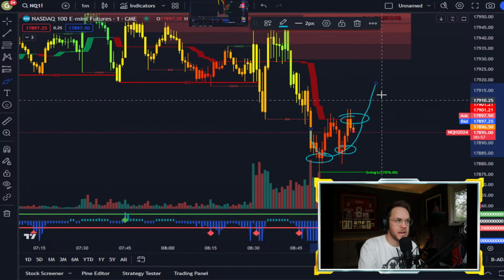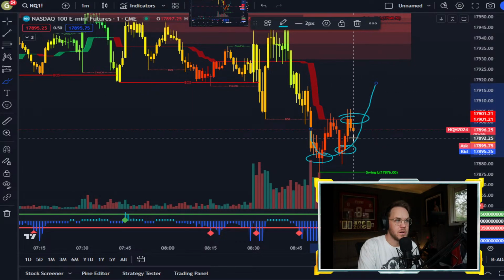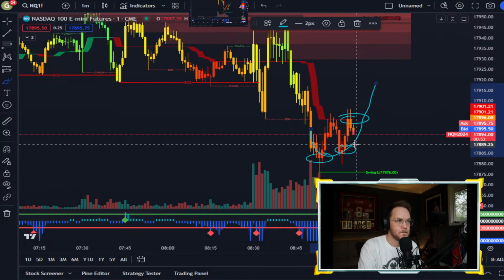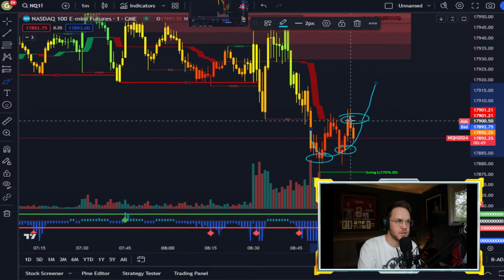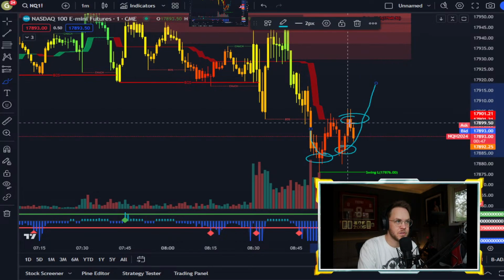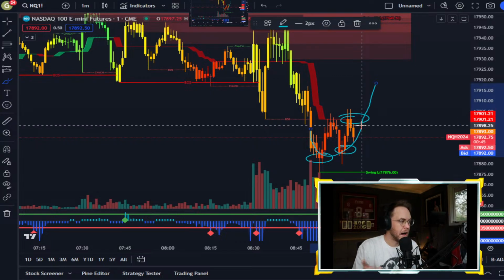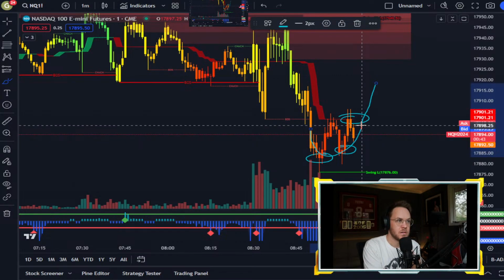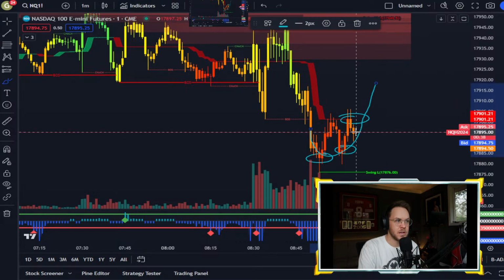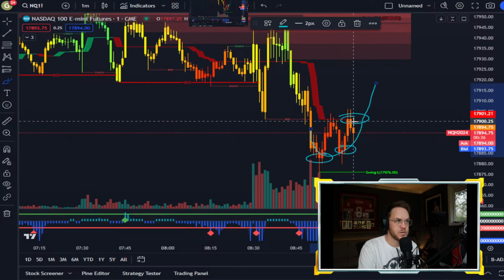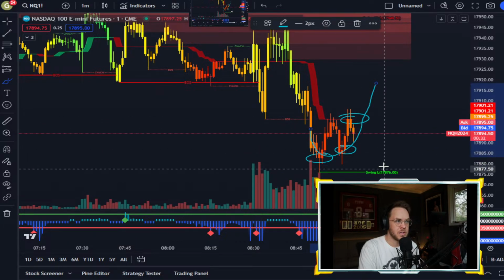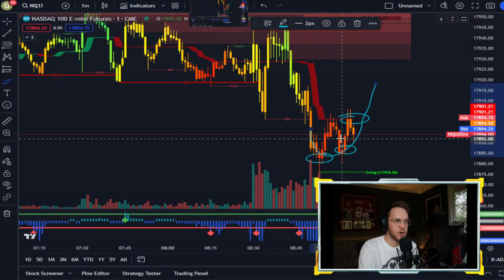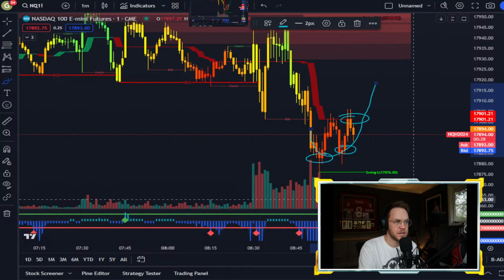We may break out to the upside here. But right now it's rejecting pretty hard off of this level here that I have circled. So I really want to wait and see what we do here. I wouldn't be confident in a full-blown short sweep to the downside. At this point, right where we are now, I'm not confident in a sweep to the downside.